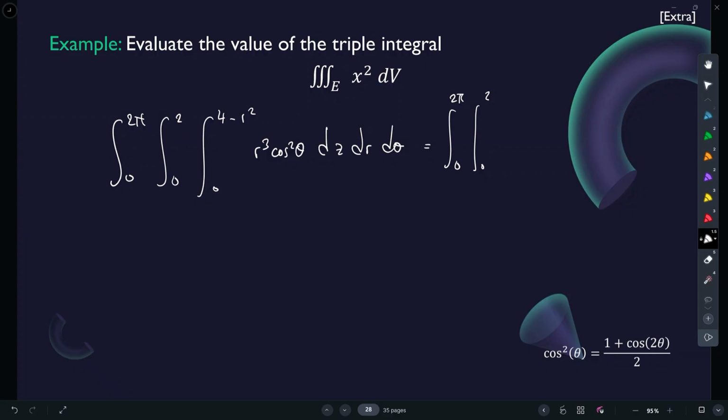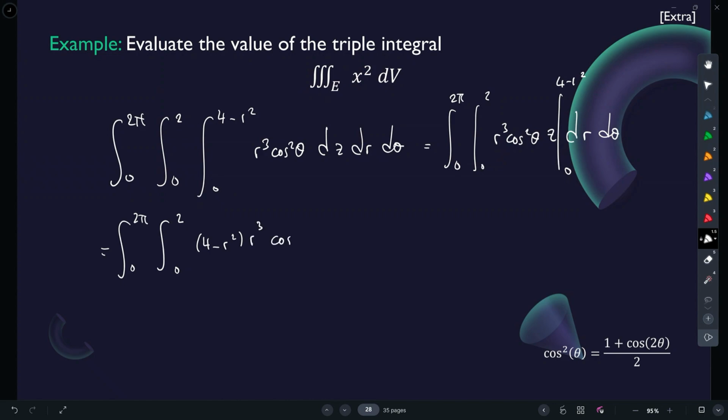There is no z value there, so this is just r cubed cosine square theta z dr d theta between 0 and 4 minus r squared. So that is going to be the integral from 0 to 2 pi, from 0 to 2, 4 minus r squared, r cubed cosine square theta dr d theta.